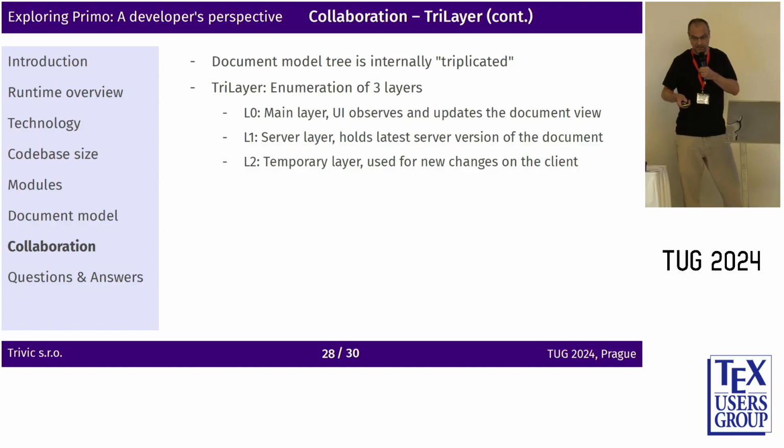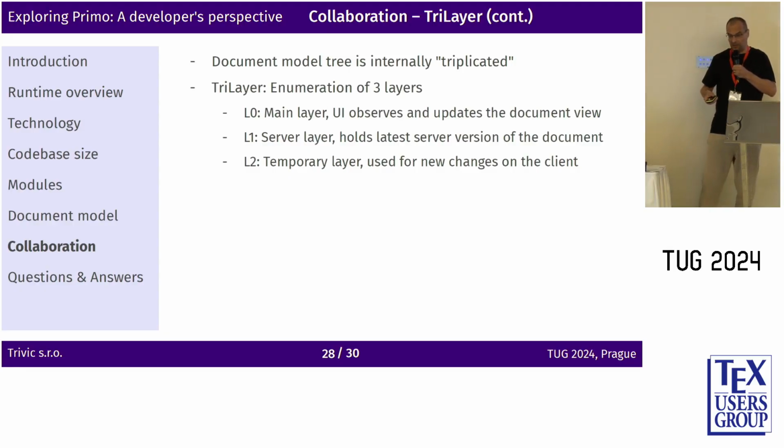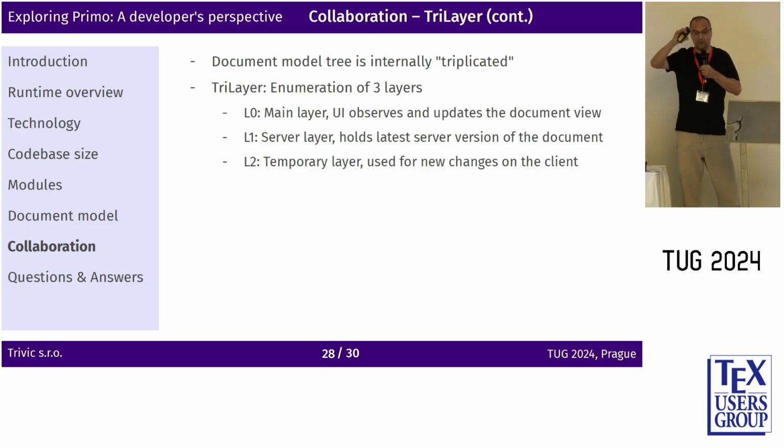It basically means that the document model is internally triplicated. The document model is a tree, but we have three separate layers in the model.